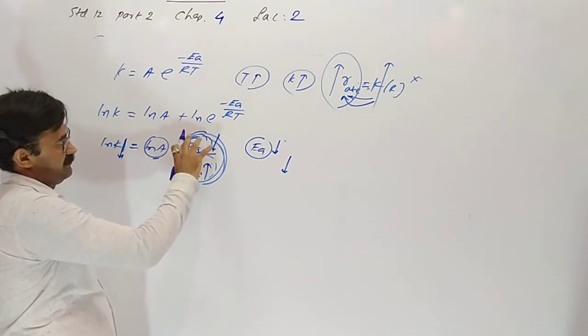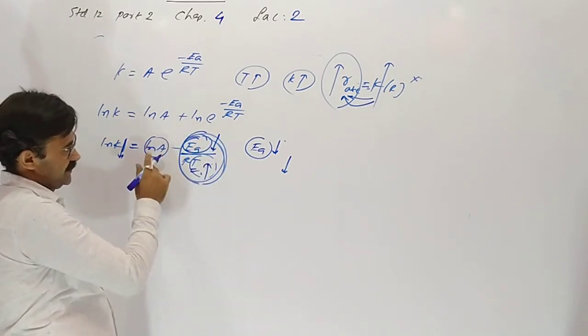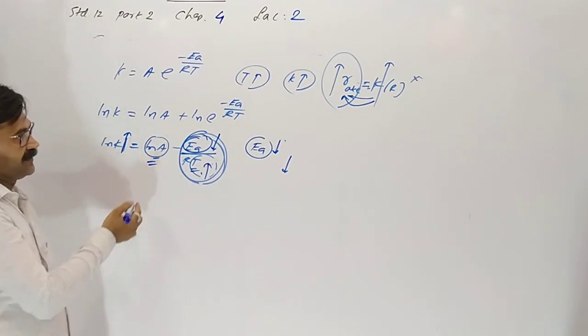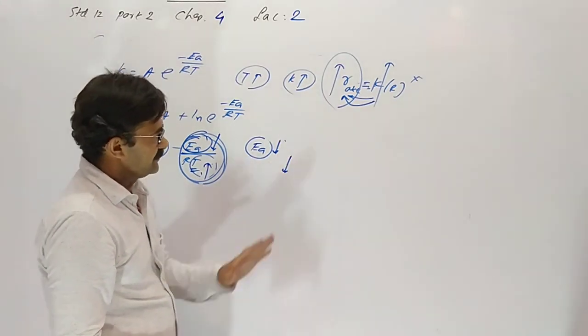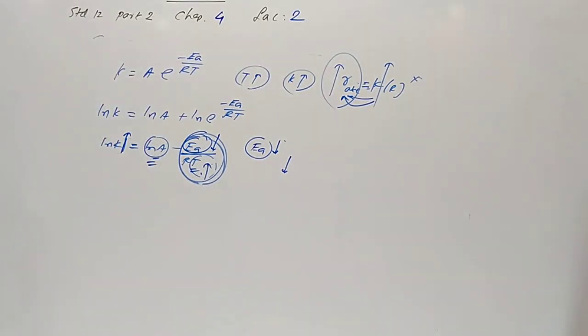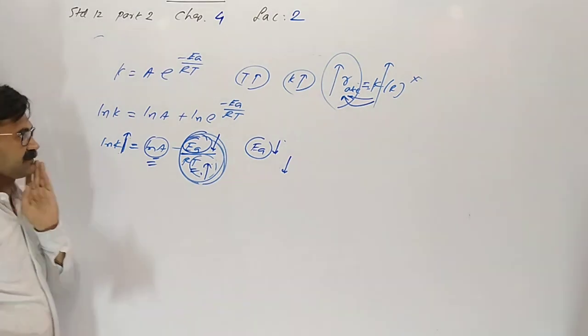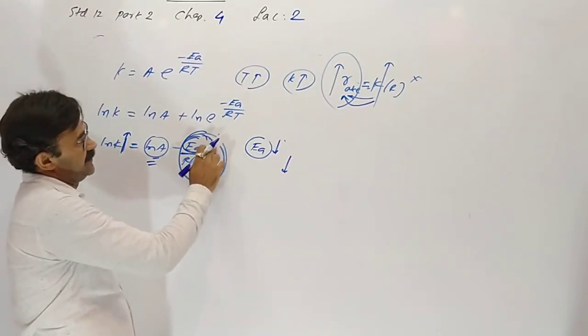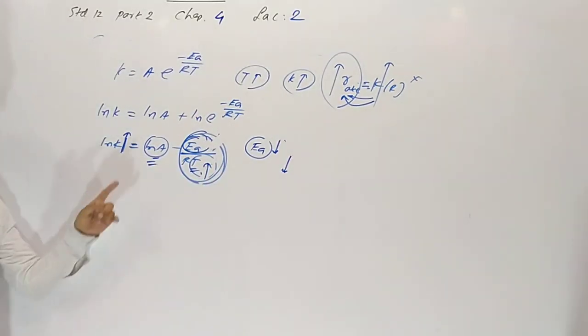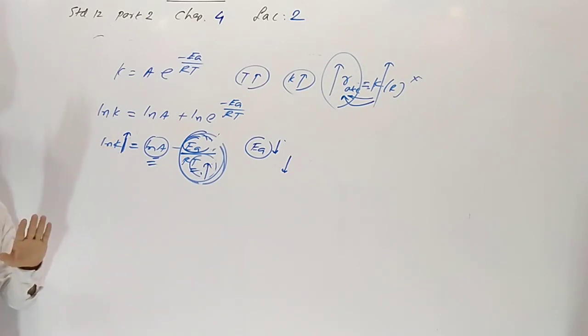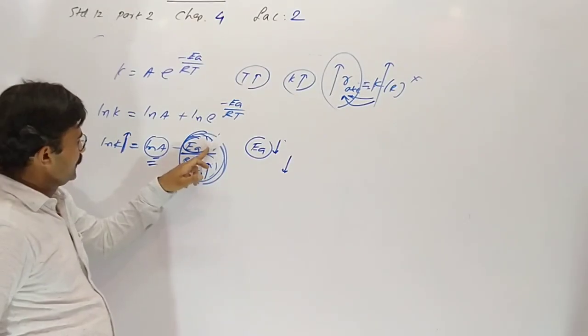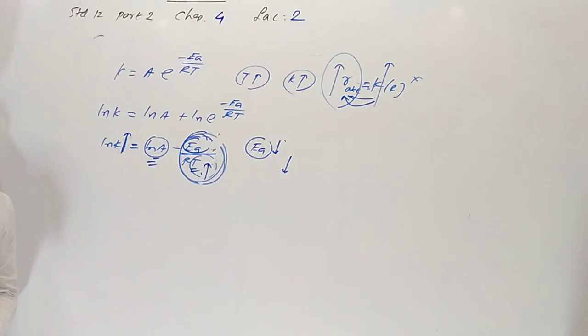Ea is low means a low part is subtracted from ln A, so K will be high. In general, whenever activation energy is high, K is low. When activation energy is low, K is high, so the rate of reaction will be high.